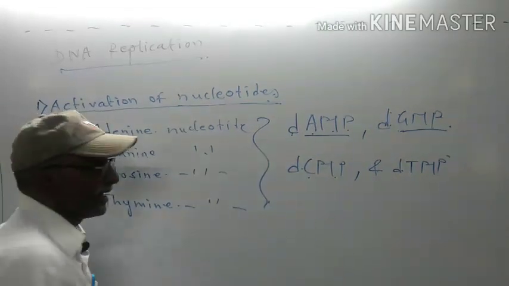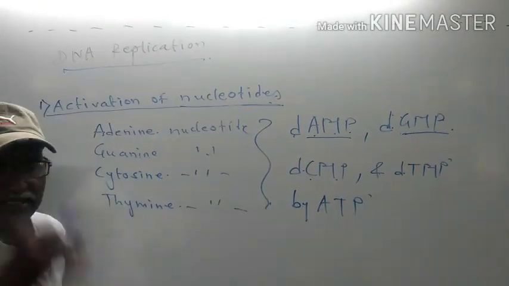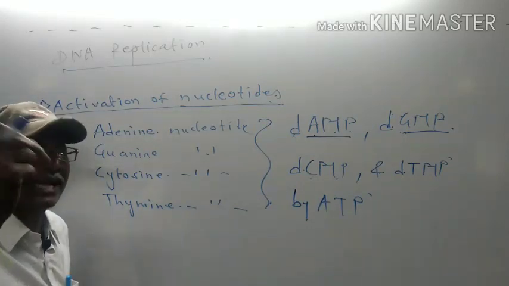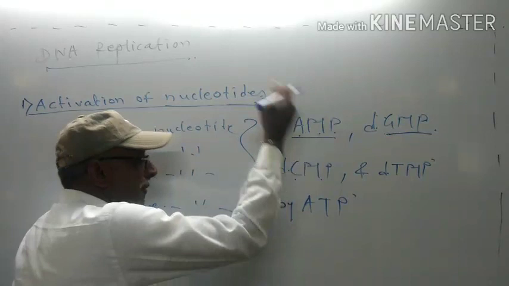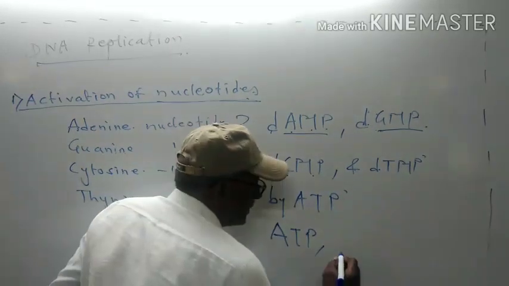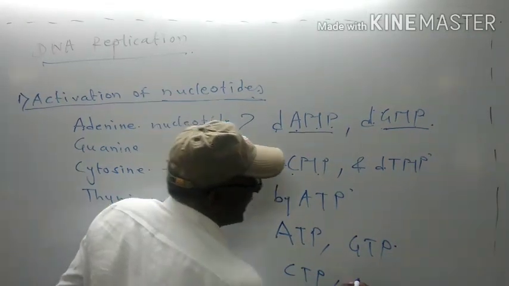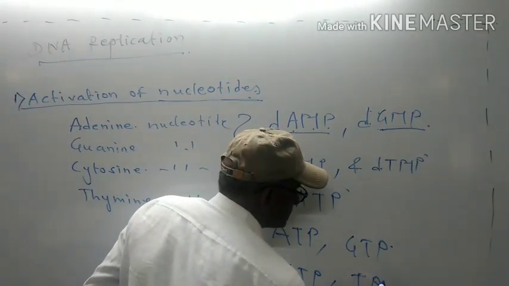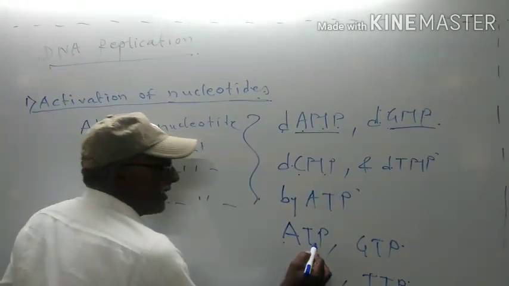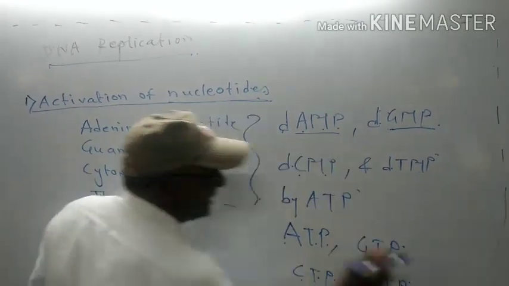Now these are activated by ATP, which means phosphorylation takes place, with the help of which enzyme? Phosphorylase enzyme. AMP is converted into ATP, then GTP, then CTP, then TTP: adenine triphosphate, guanine triphosphate, cytosine triphosphate, and thymine triphosphate.